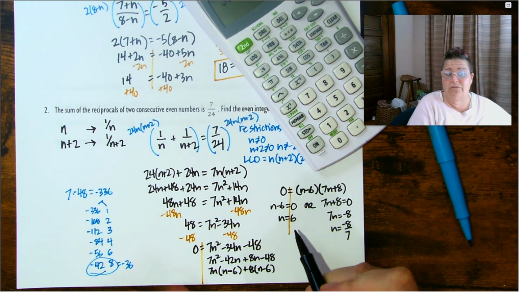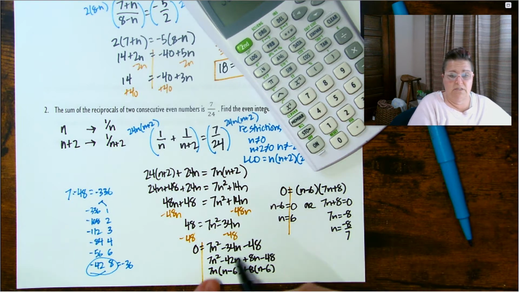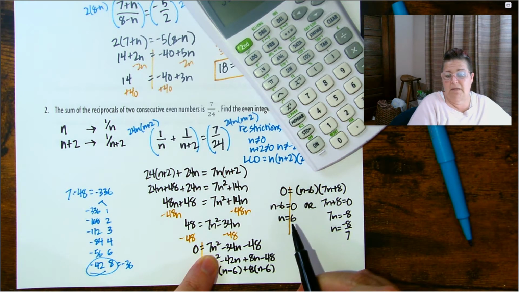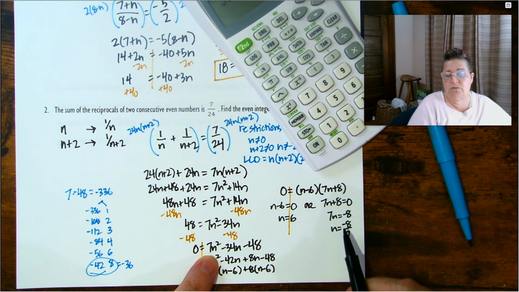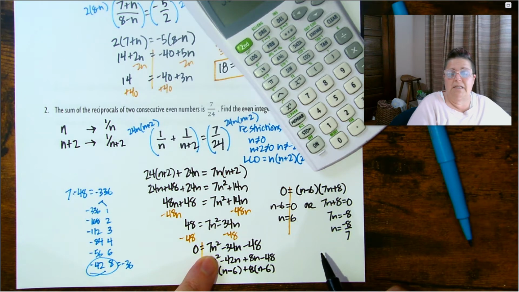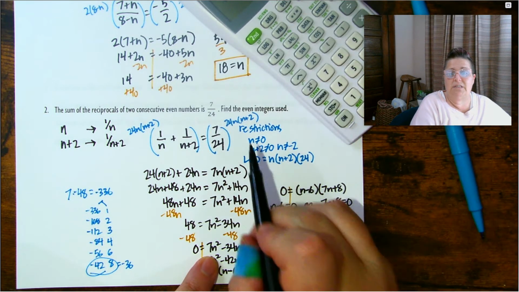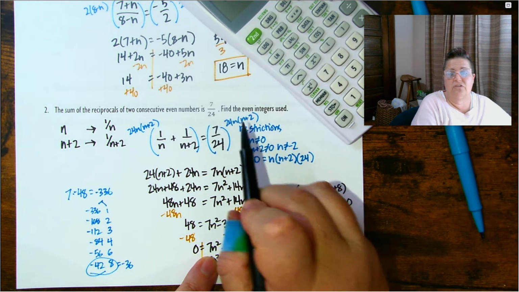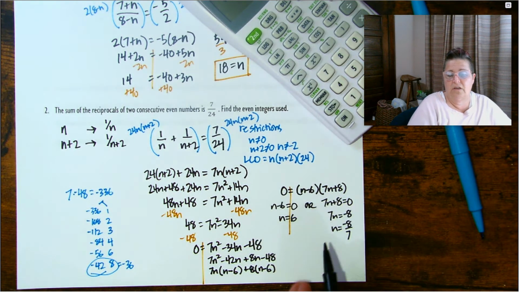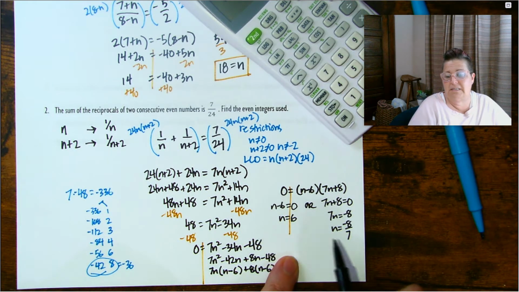So I do have two solutions, which is on par with this being squared. The important piece here is that I need two consecutive even integers. Find the even integers. I have n is equal to 6 and n is equal to a negative 8/7.